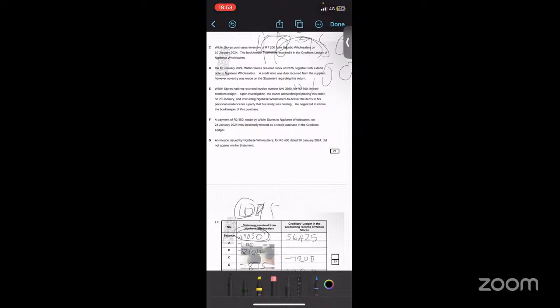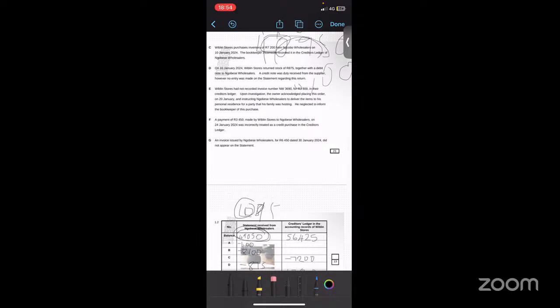In the supplier's book, we are the ones who owe them, not the owner. The owner took it in the name of the business, so we have to add it to our ledger. So we're going to add 3,800 rands to the creditors ledger, right?